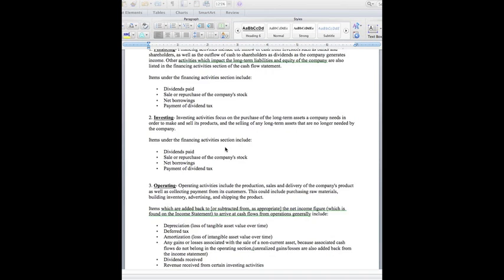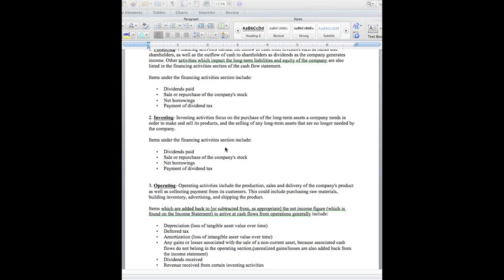So we want you to make sure you understand that investing has to do with long-term assets and the acquisition of big plant machinery or other equipment. That's the main difference between financing and investing.